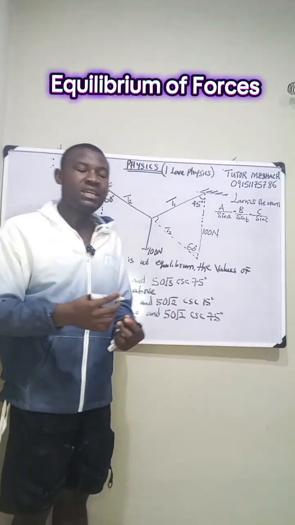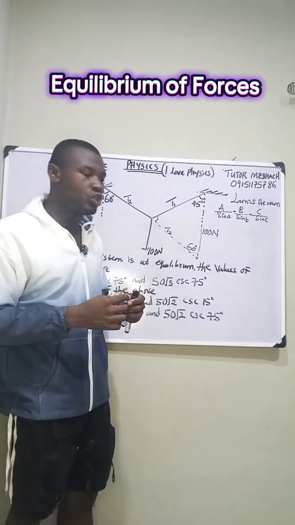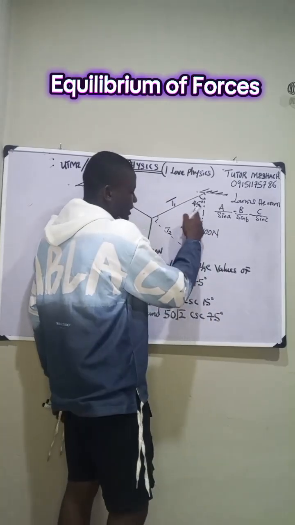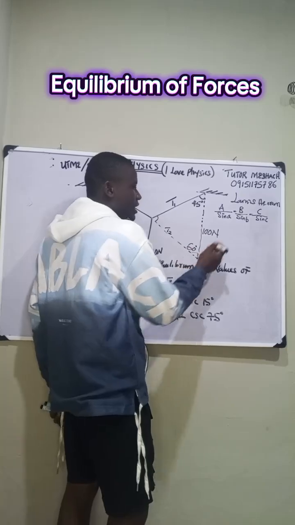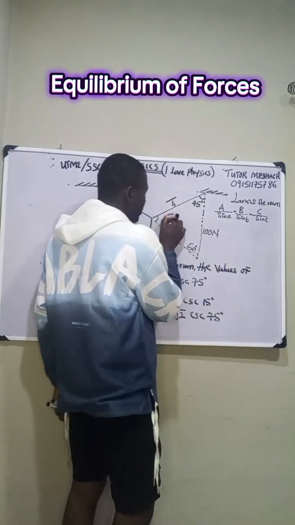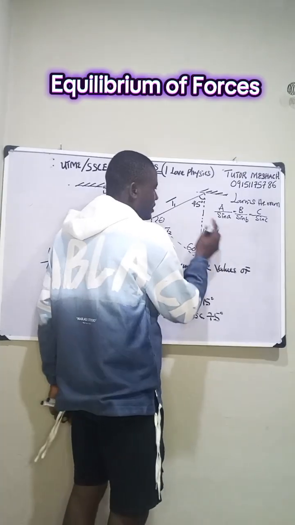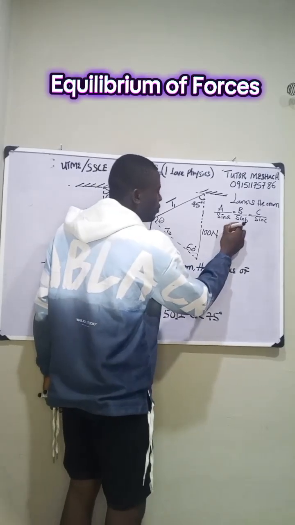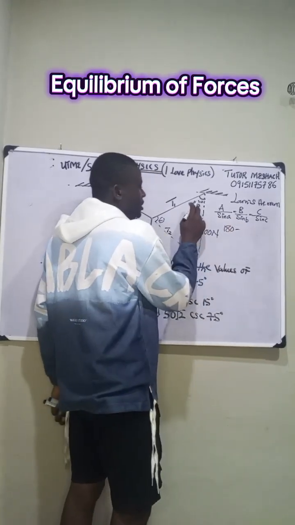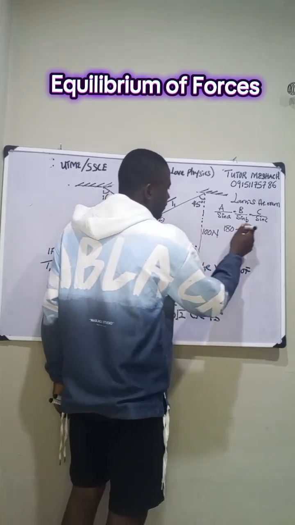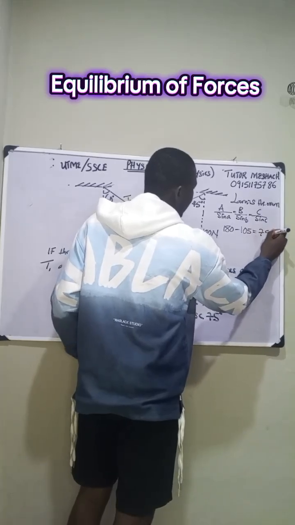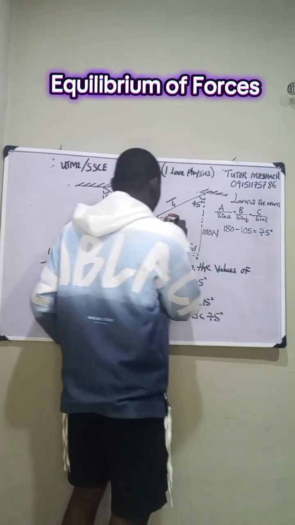The sum of angles in a triangle like this is equal to 180. Since we know that this is 45 and this is 60, let's say here is theta. To get your theta, you simply do 180 minus this plus this. This plus this will give you 105. So at the end, you have 75.